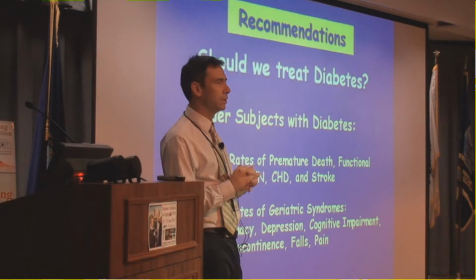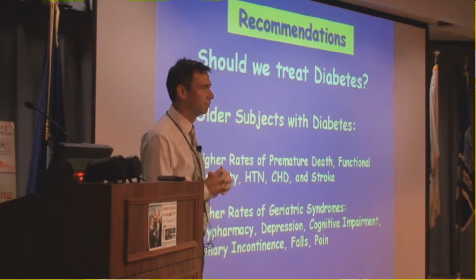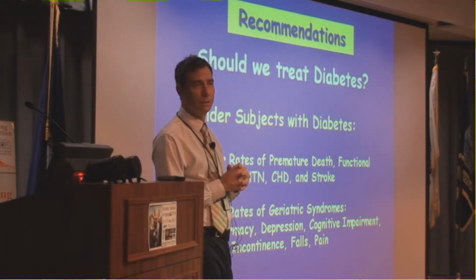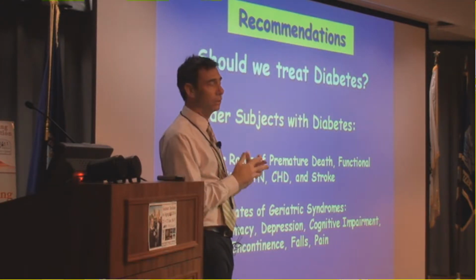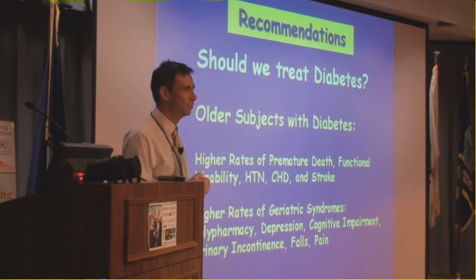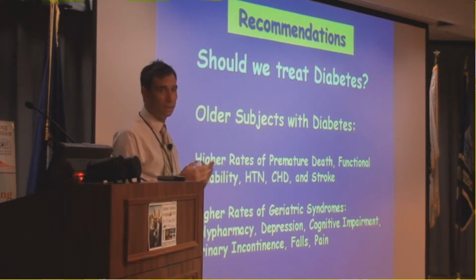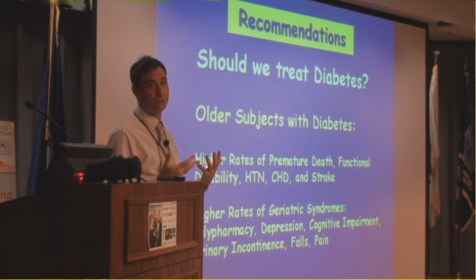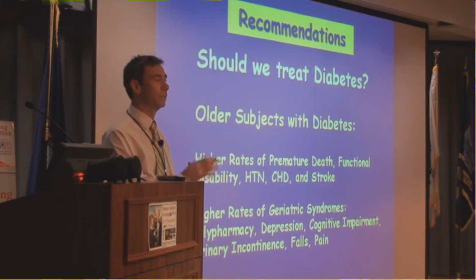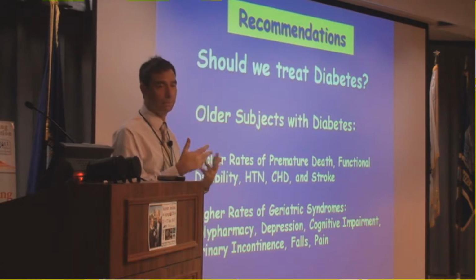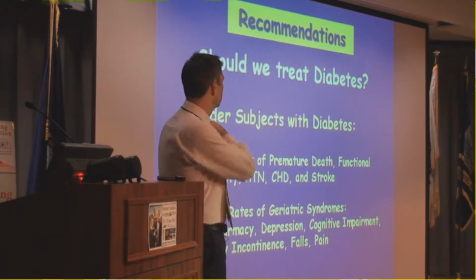If that person is 75, would you treat them, knowing that it might take about 10 years for the complications? Or if they're 65, how about if they're 90? Would you treat them? Those are things one needs to think about, because treating a person involves cost, risks to that person, and many issues that have to be considered.